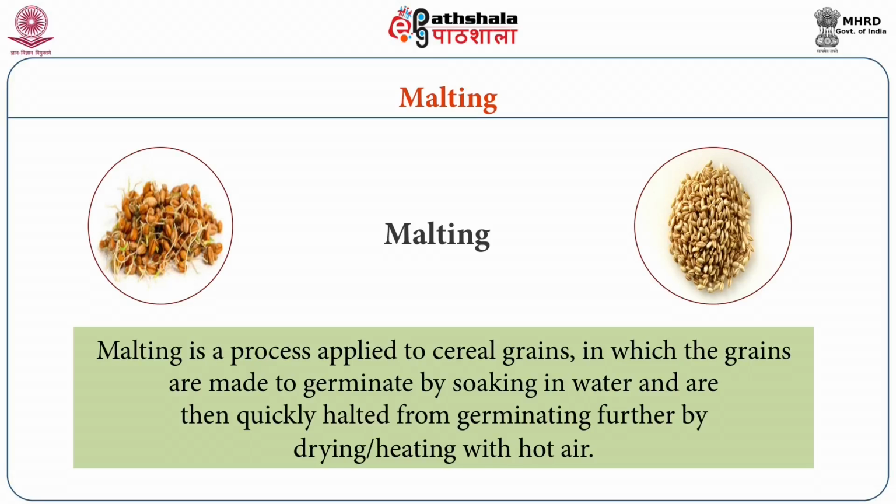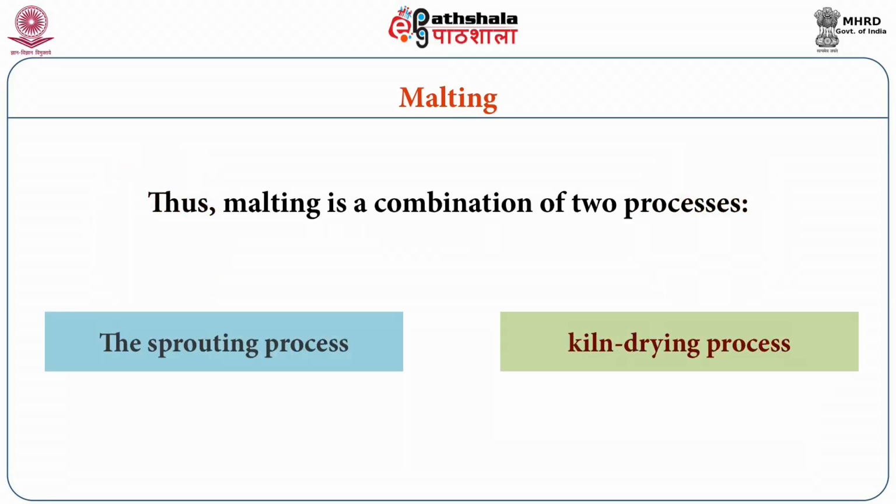Malting is a process applied to cereal grains in which the grains are made to germinate by soaking them in water and are then quickly halted from germinating further by drying or heating with hot air. Thus, malting is a combination of two processes. The first process is the sprouting process and the second process is the kiln drying process.